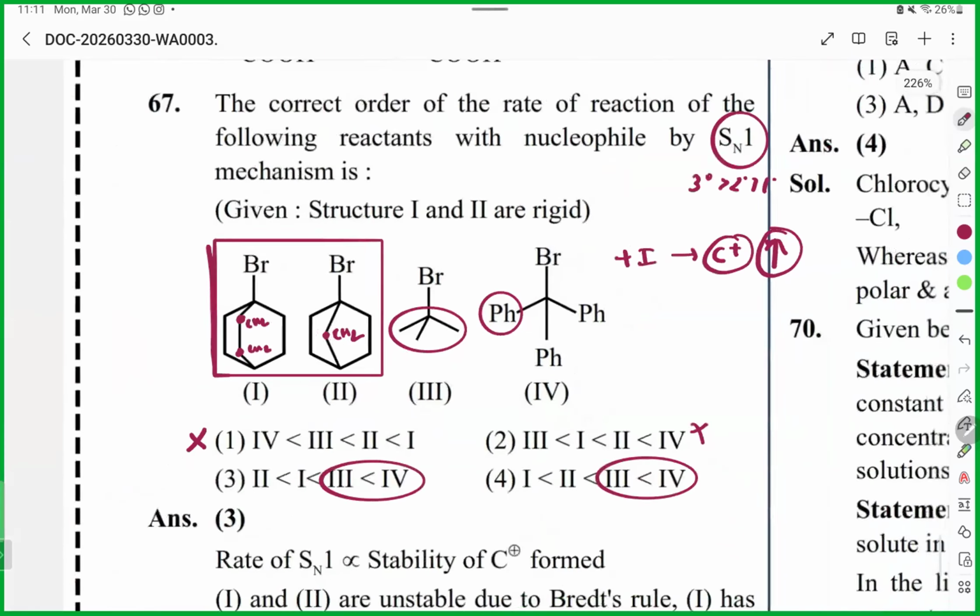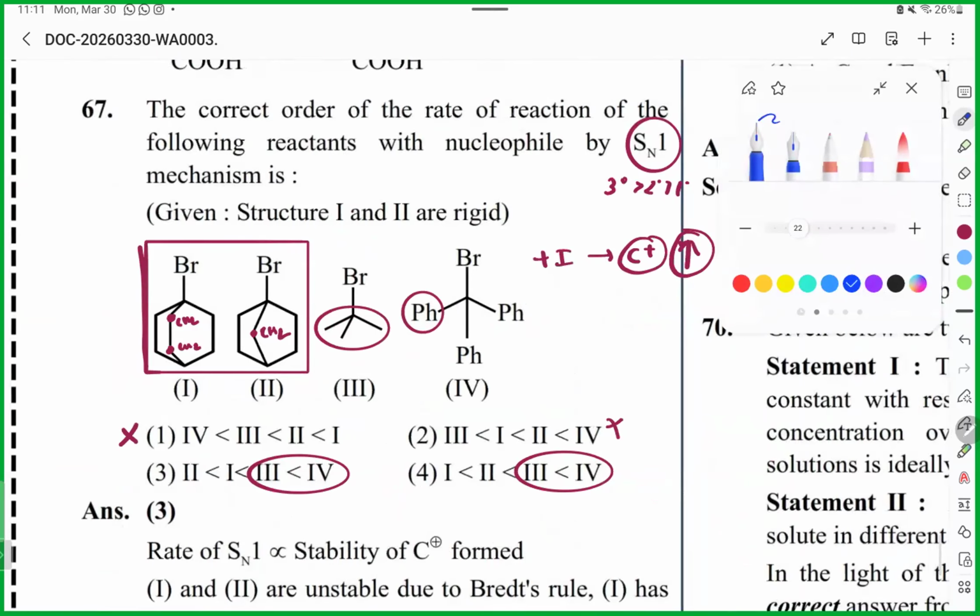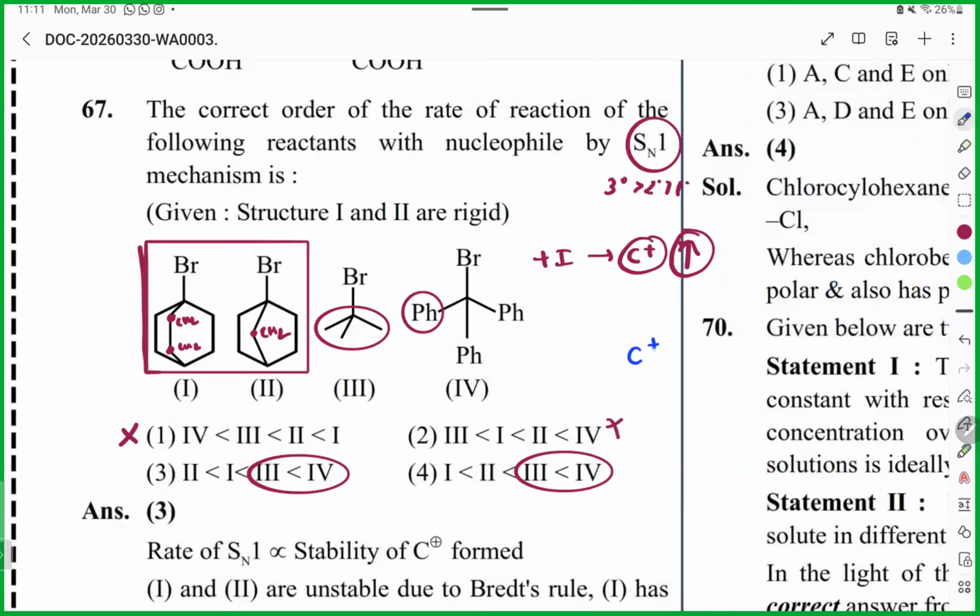How will you get to know? The simplest way: carbocation is present, and if any electron donating group is present, what will happen? This will try to give electron. Electron means negative. When electron goes to the positive charge, charge will reduce. When charge reduces, stability is more.